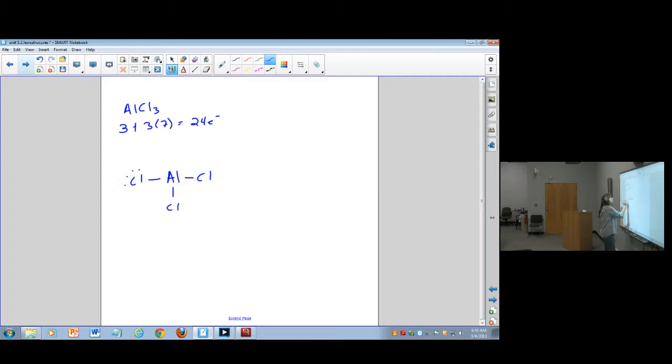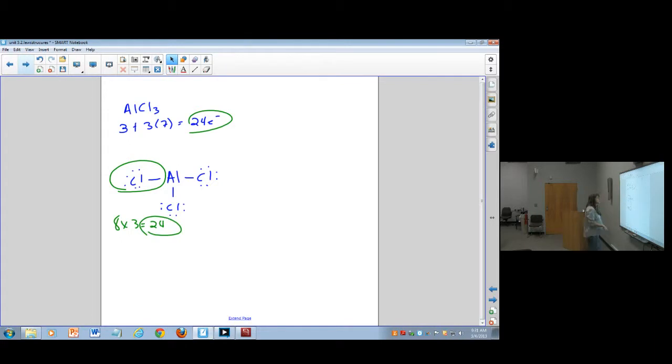Add their valence electrons there. Now I've got 8 in this bond, so 8 times 3 is 24. But this time, I've already used all of them. Is there something wrong with this?